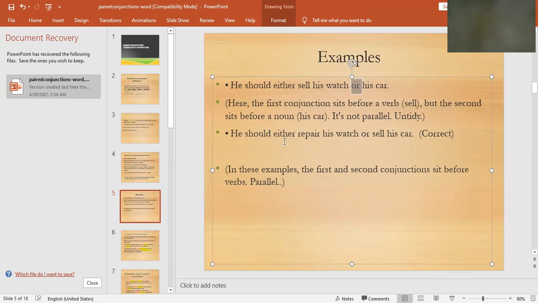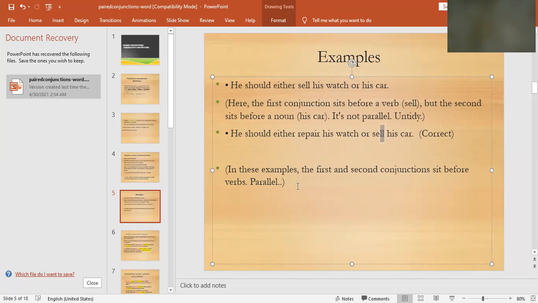The correct one: he should either repair his watch or sell his car. Correct. Repair or sell.